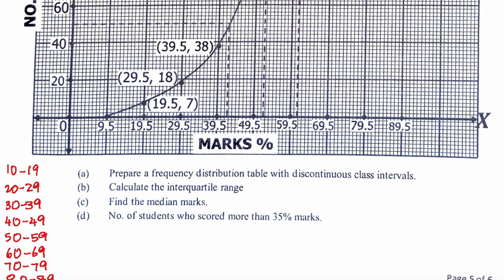So let us look at the cumulative frequency. Now cumulative frequency, this will be 7, right over this cumulative frequency, and this is the class interval.